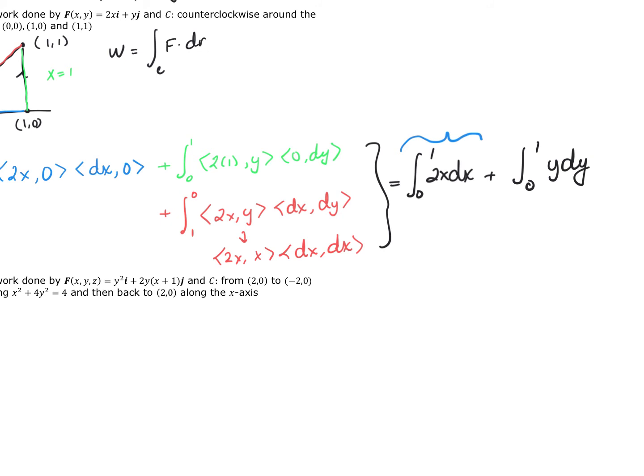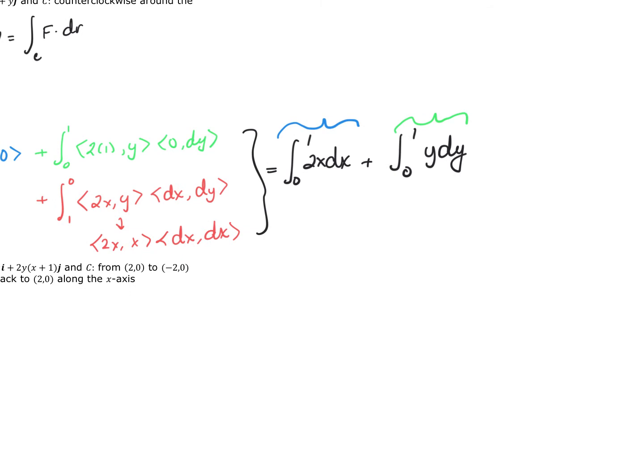That was my green one by the dot product. And then plus, from 1 to 0, my red one, the dot product here is going to be 3x dx.